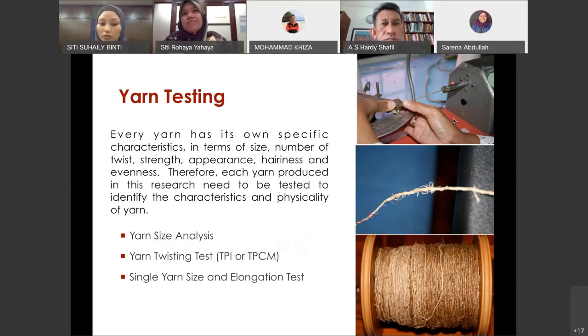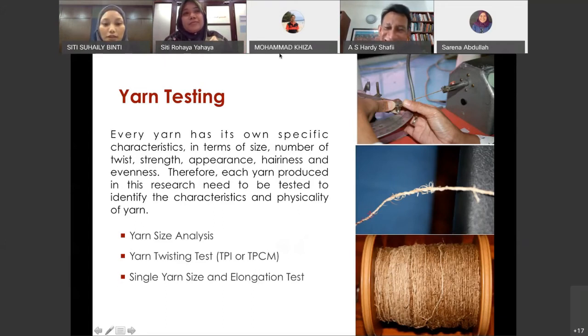But sometimes you get tired because you have to spend almost 24 hours, I can say, a day in the lab. You just imagine, from morning until night you are doing a test until you get a good result for your findings. That is my challenge actually. Other than that, there's no problem for me. Okay, thank you, Dr. Hadi.